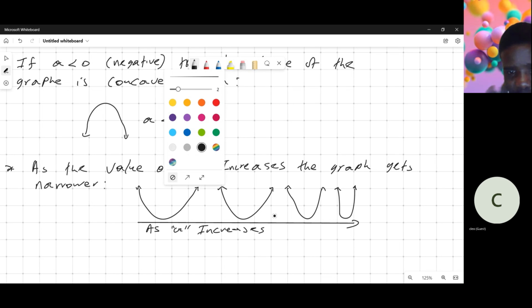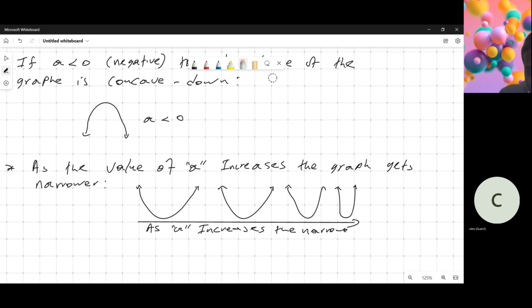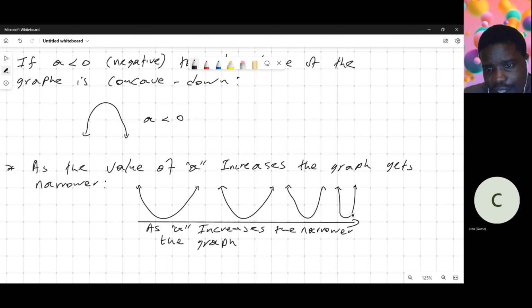As A increases, the narrower the graph. So as A decreases, the broader the graph.